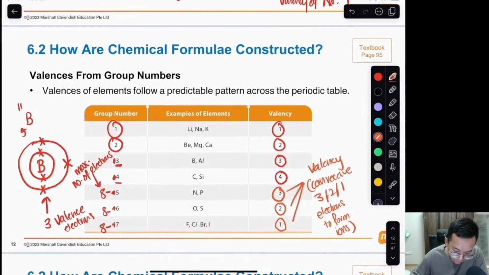They need to gain 3, 2, or 1 electrons to form their anions, their negative ions. Previously, when we were talking about groups 1, 2, 3, and 4, they tend to lose electrons.